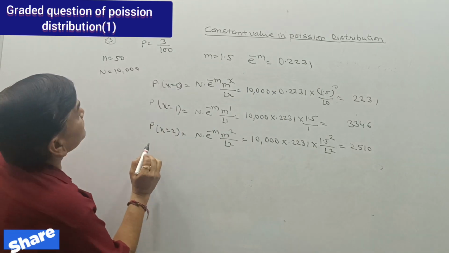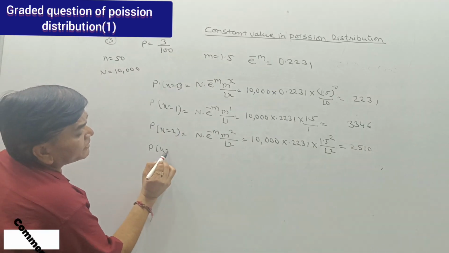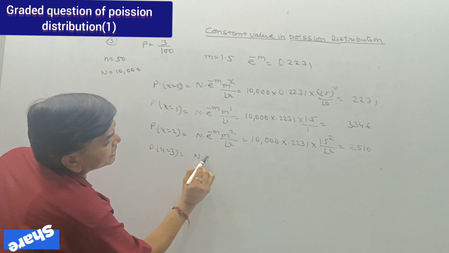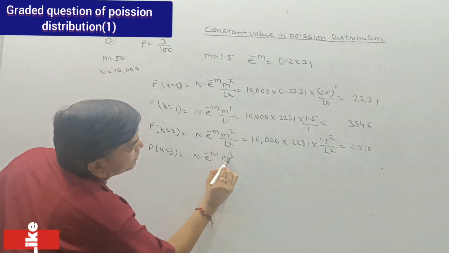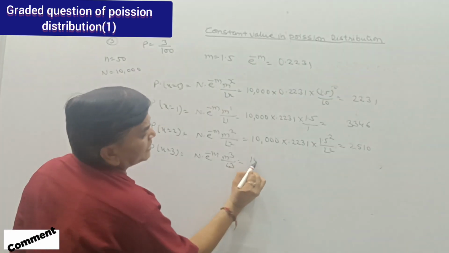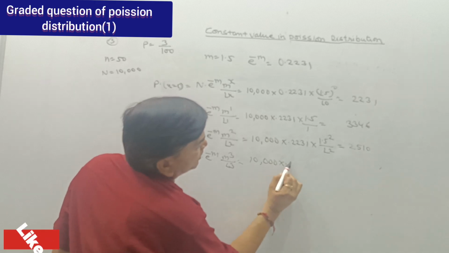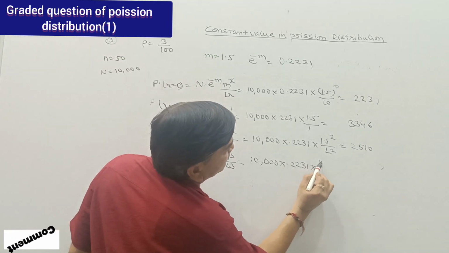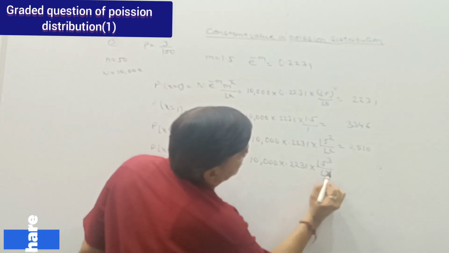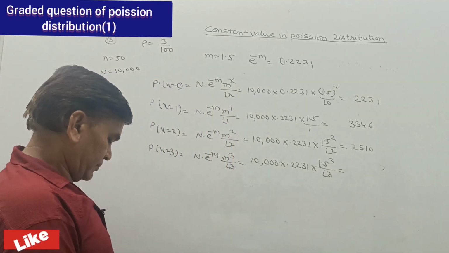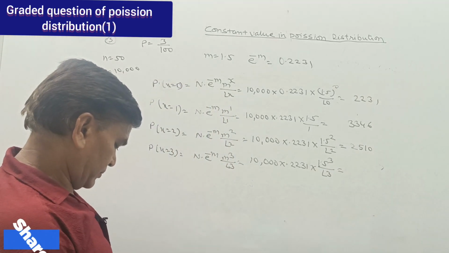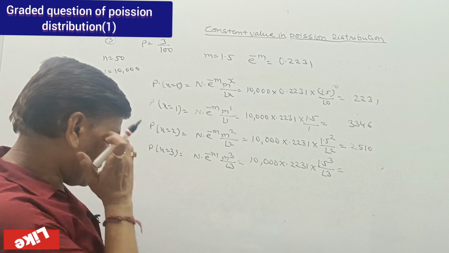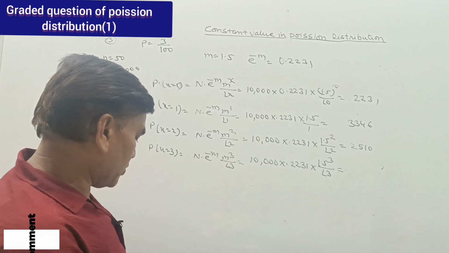And the last one, having three defective: N e raised to power minus m, m raised to power 3 upon factorial 3, that is 10,000 multiplied by 0.2231 multiplied by 1.5 raised to power 3 upon factorial 3. So this will be 1255.